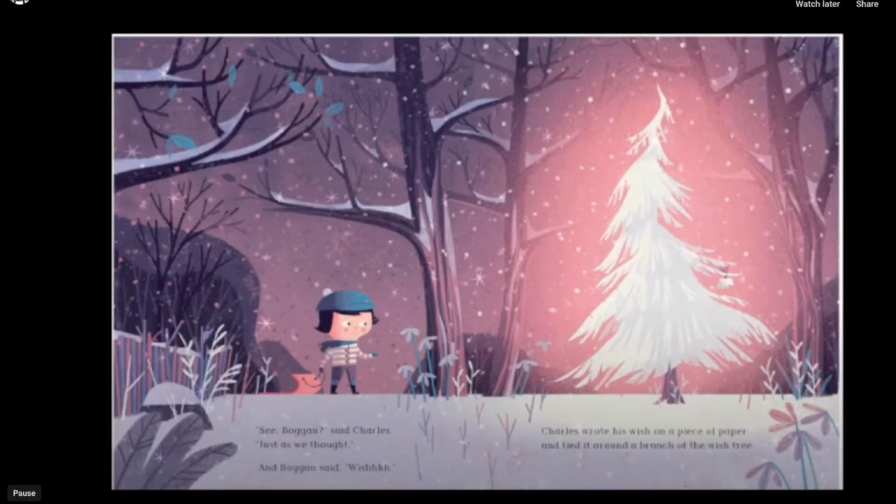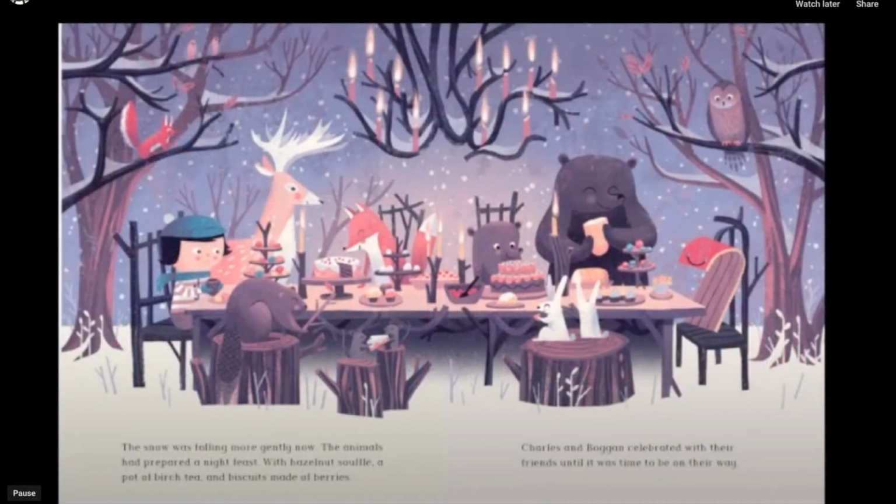Charles wrote his wish on a piece of paper and tied it around a branch of the wish tree. The snow was falling more gently now. The animals had prepared a night feast with hazelnut souffle, a pot of birch tea, and biscuits made of berries.